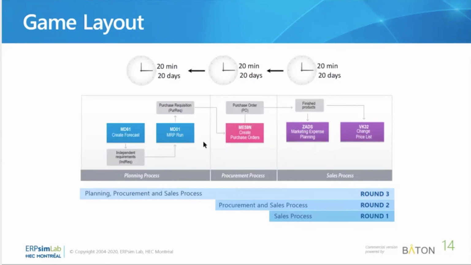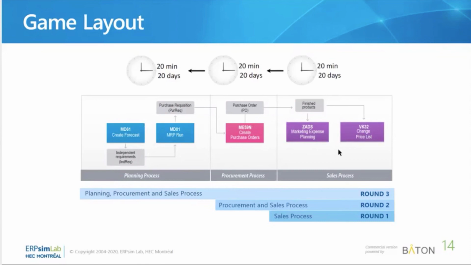So here in round 3, you are going to make decisions in forecasting. And if you do forecasting, you have to run MRP to reflect it. And to do that, you also need to create a purchase order. And then you also need to make decisions about your marketing expenses and price list.